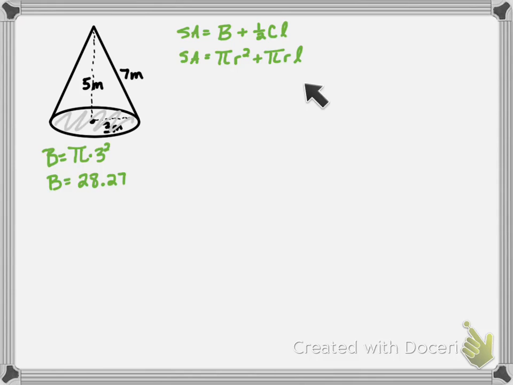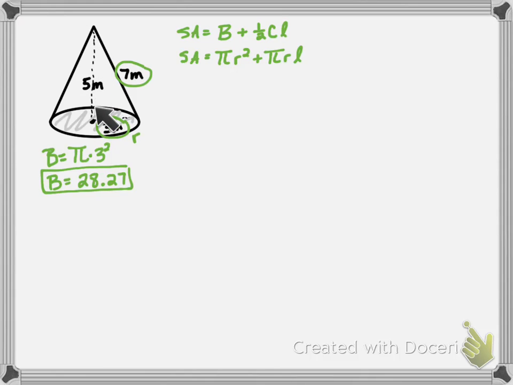Then to do the second part, pi times r times L. First I need to know what r and L are. The radius, I've already used it, so I'm pretty confident that 3 meters is the radius. But what about the slant height? The slant height has to be going up the side of the cone, not through the middle.